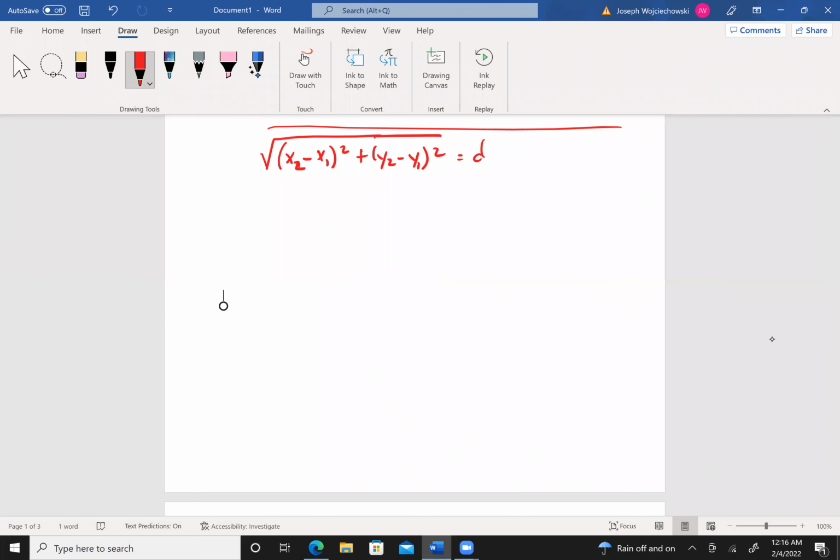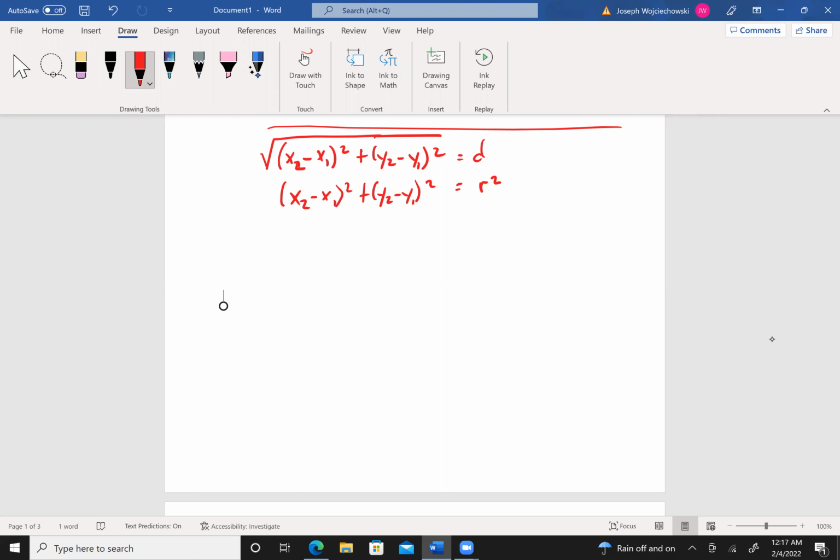So we can call that distance r. And if I square that distance, I have x2 minus x1 squared plus y2 minus y1 squared equals r squared. This is called the standard form of a circle. So let's look at some examples.